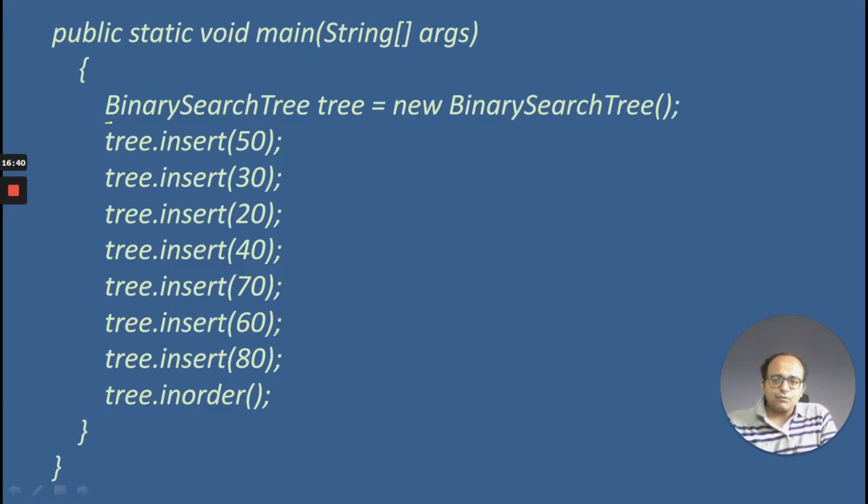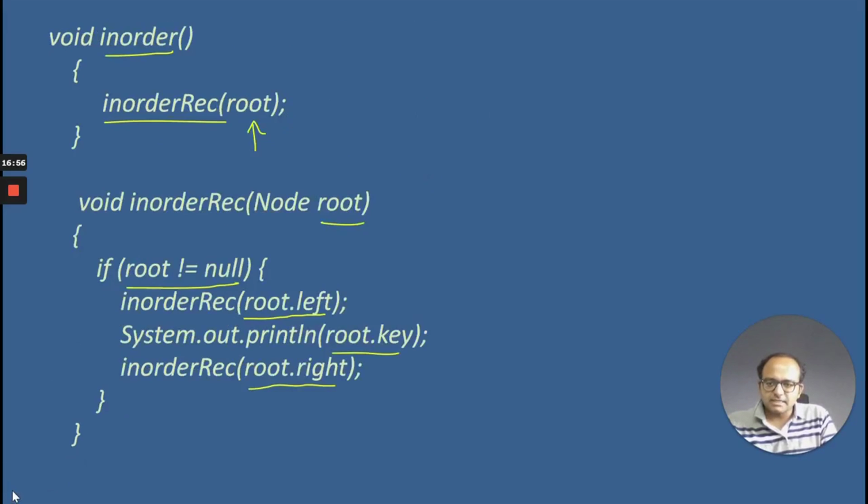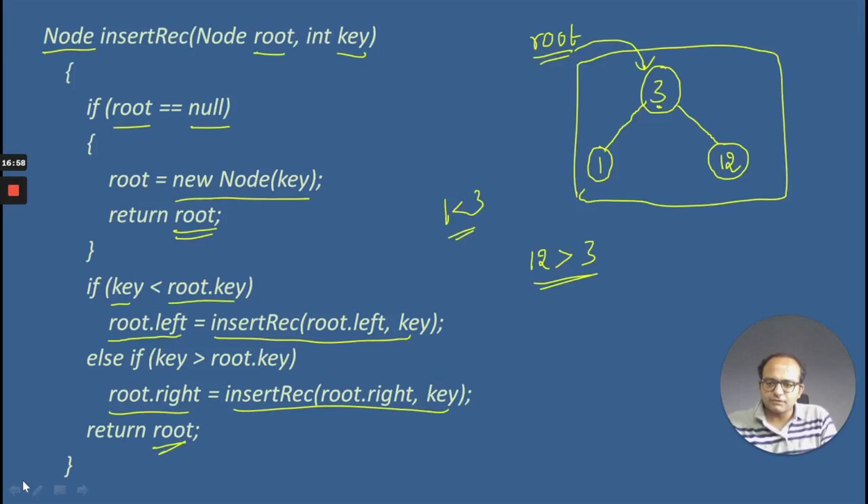So here for the class BinarySearchTree we have created an object called tree and started calling the insert function by passing the key value as a parameter. You can see the insert function that we have defined here.